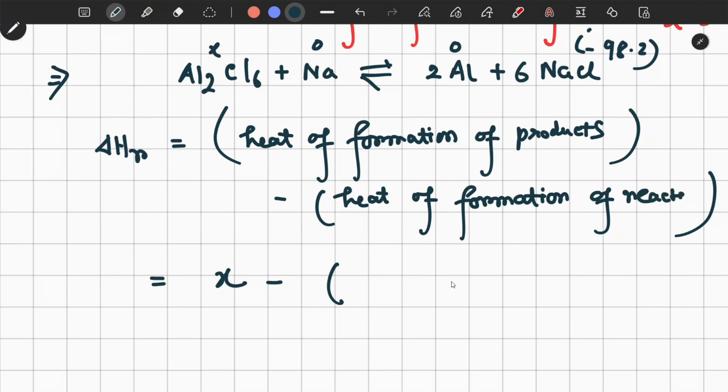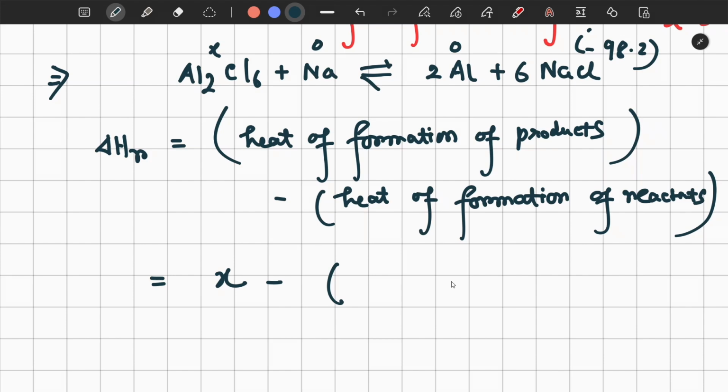Why? It's heat of formation. That means while formation, the heat is released. Previously it was bond energy, meaning the energy provided due to formation of bonds, the heat is released. No, one minute.